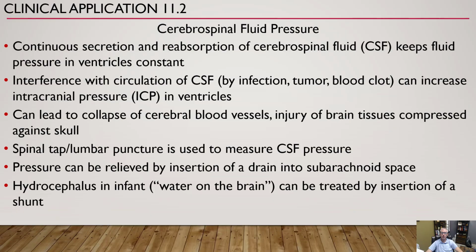All right, cerebrospinal fluid pressure. We can actually measure the pressure within your spinal cord or within your brain. So remember that we have the area in the brain, the choroid plexus, or choroid plexuses, plural, that secrete that cerebrospinal fluid, and it's stored in those lateral ventricles, the third ventricle and the fourth ventricle, and in the spinal column, or that central canal of the spinal column.